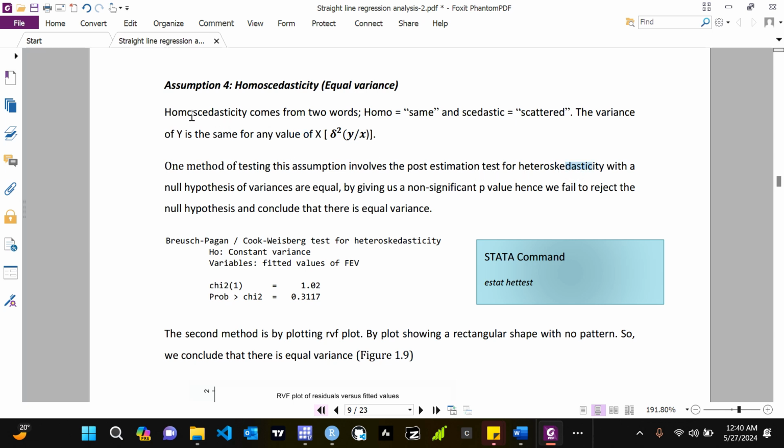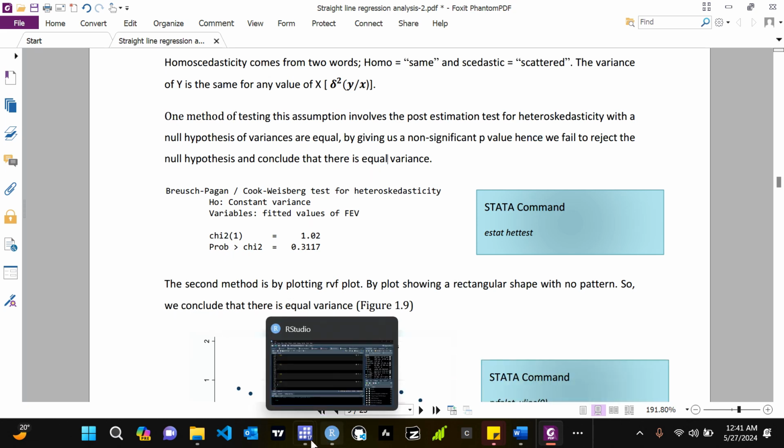Hetero is the opposite of homo. This test for heteroscedasticity has a null hypothesis of variances are equal. By giving us a non-significant p-value, we fail to reject the null hypothesis and conclude that there is equal variance. So let's do that and we see.